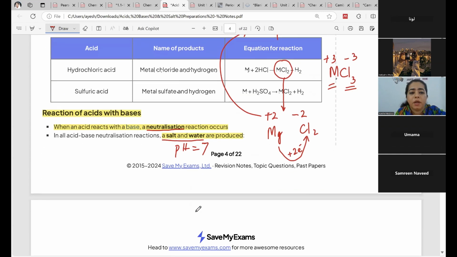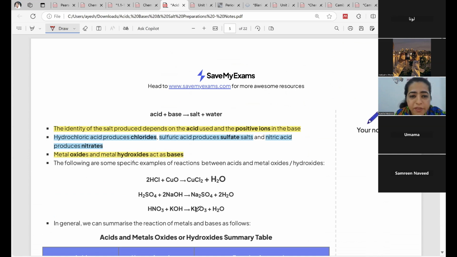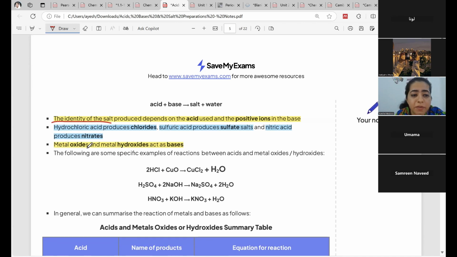Okay, so let's check out some examples of the neutralization reaction. Whatever salt is produced, we can easily check from the acid. Hydrochloric acid produces chlorides, sulfuric acid produces sulfates, nitric acid produces nitrates. Metal oxides and metal hydroxides behave like bases. So if we take a metal oxide or hydroxide, it can react with an acid and produce a salt and water.